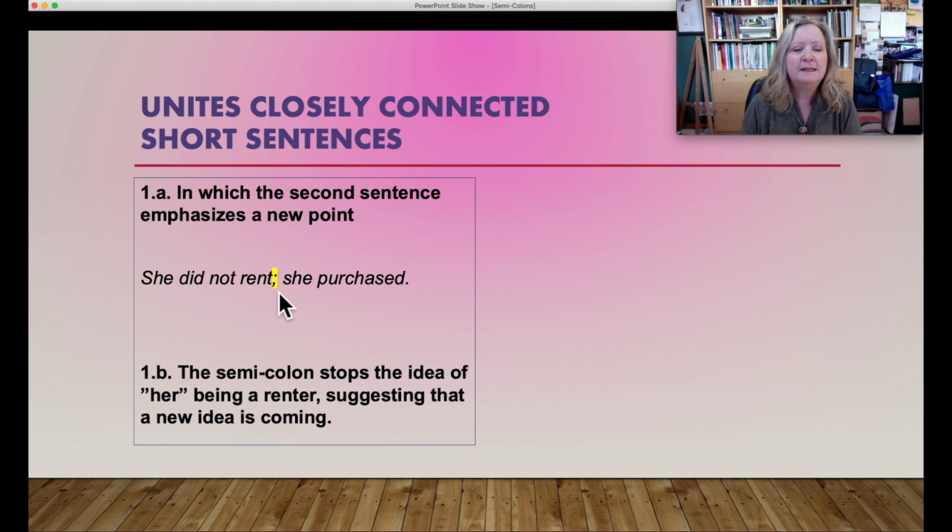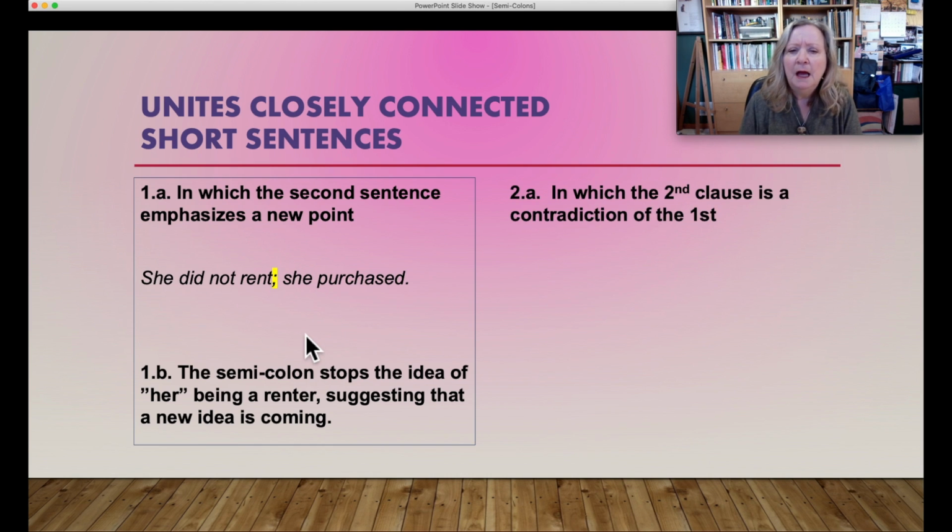The semicolon stops the idea of her being a renter and adds the idea of her actually being empowered and being a purchaser. Now, could you make these two sentences? Yeah, you could. But the point with using a semicolon is that you decide the ideas are closely connected enough that you don't want to separate them with a period, and so you choose to just use a semicolon.